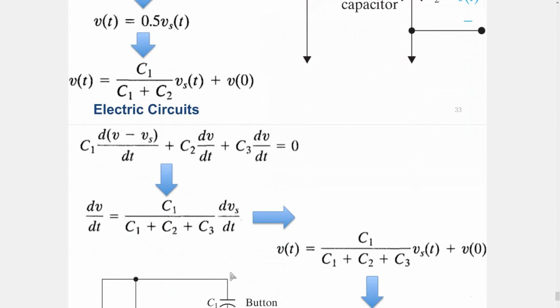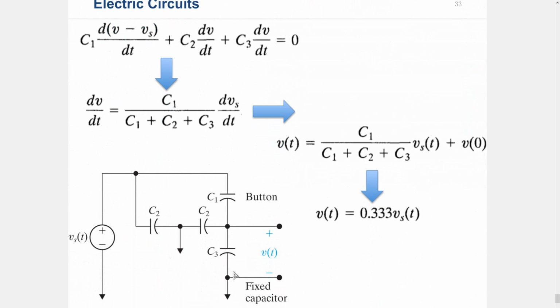If we do the math again, C1 times d(V minus Vs) over dt plus C2 times dV over dt plus C3 times dV over dt should be equal to 0. From here, I can pull dV over dt as C1 over C1 plus C2 plus C3 times dVs over dt.